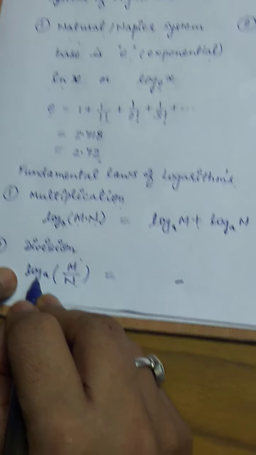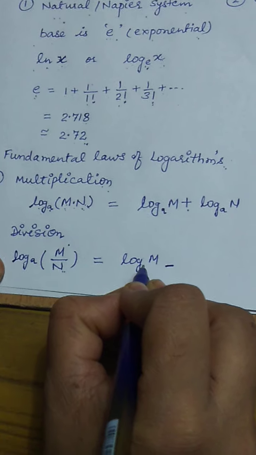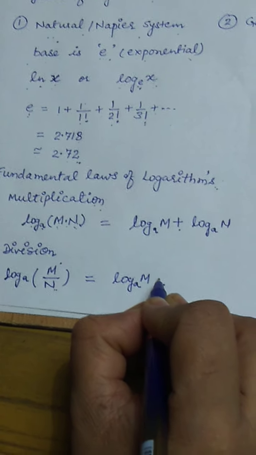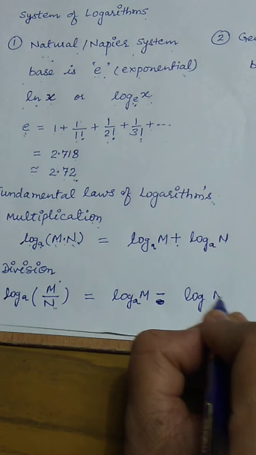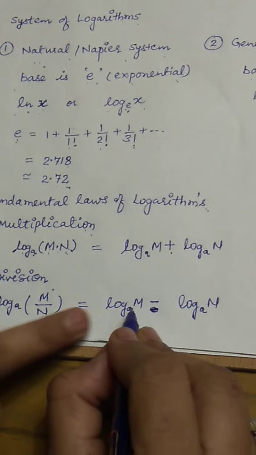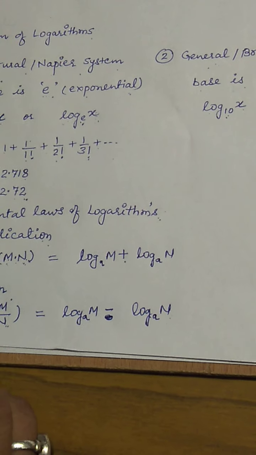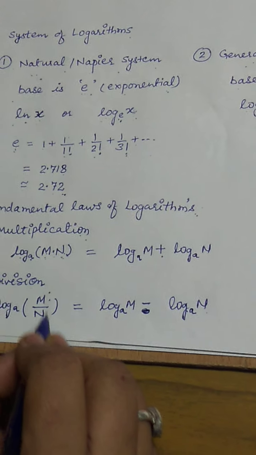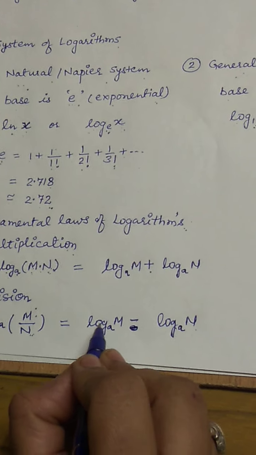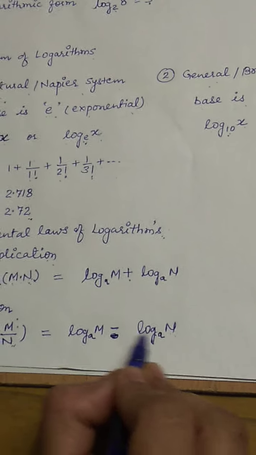That is, log of m to the base a minus log of n to the base a. So if two factors are divided, in the logarithmic form their logs are subtracted.